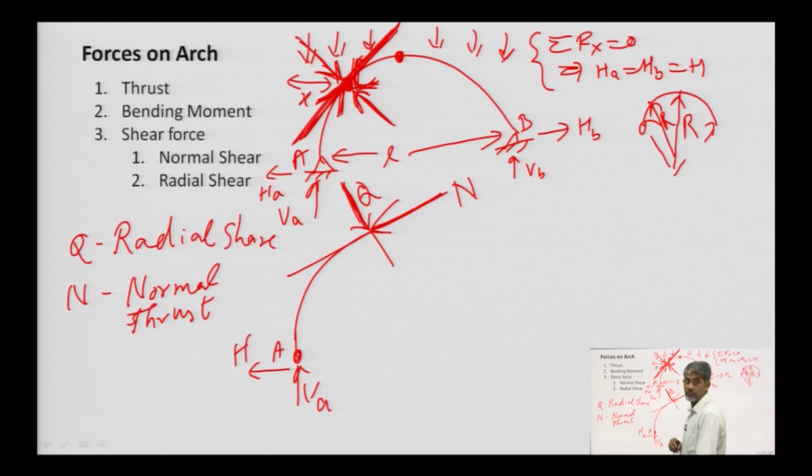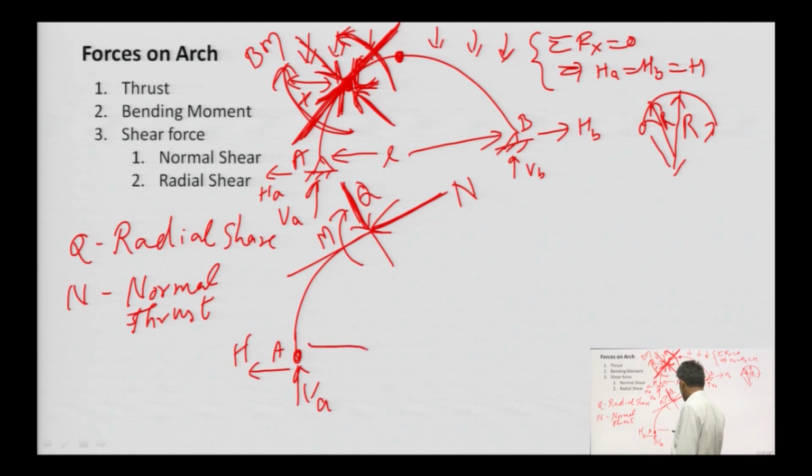And one more force is acting on the arch member, and that is the bending moment. For equilibrium, for both parts, it should be equal. So these three forces are acting at every section; this is at section x.